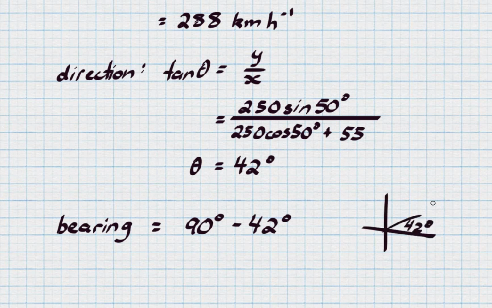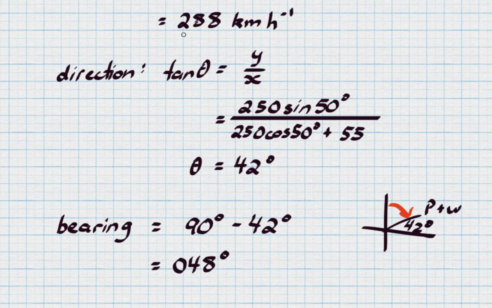That's what we've just found for our resultant P plus W vector, and so therefore the bearing is this one here. So 90 minus 42. When we do that, we get 48 degrees. But writing it with 3 digits, like bearings are written, 048 degrees.